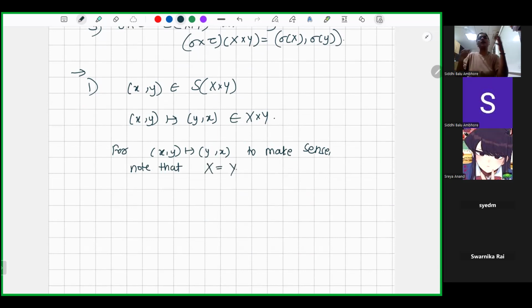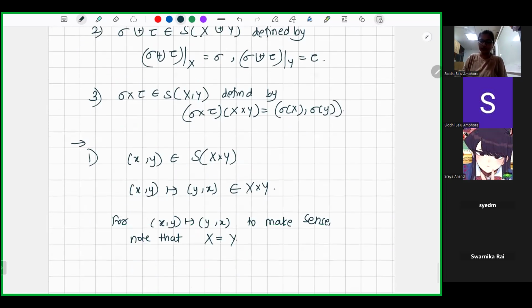Or you are looking at just cycles, so in that sense x and y must have the same size at least. It does not matter how you are representing it, for example 1 to n or n variables, as long as their size is the same, we can make sense of what that permutation looks like. So we have this information with us that x and y are similar here.